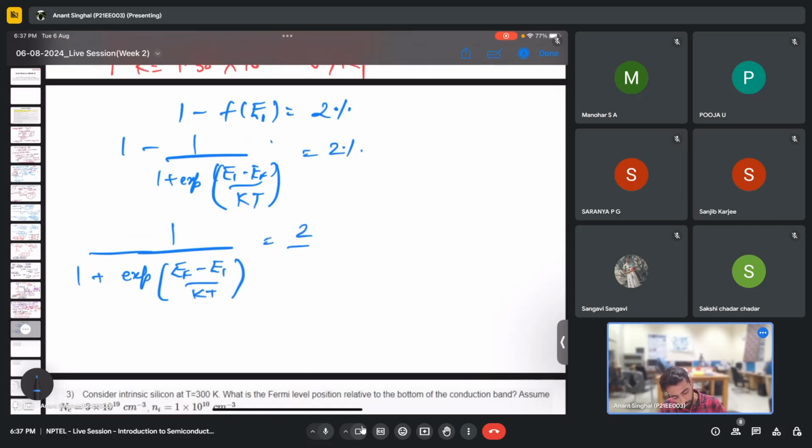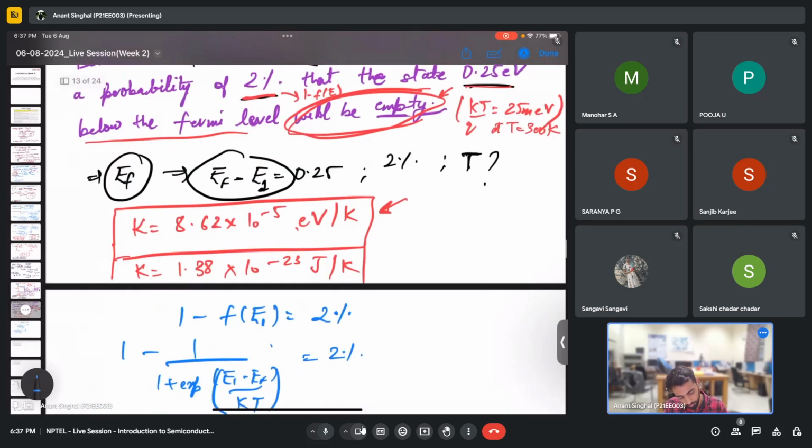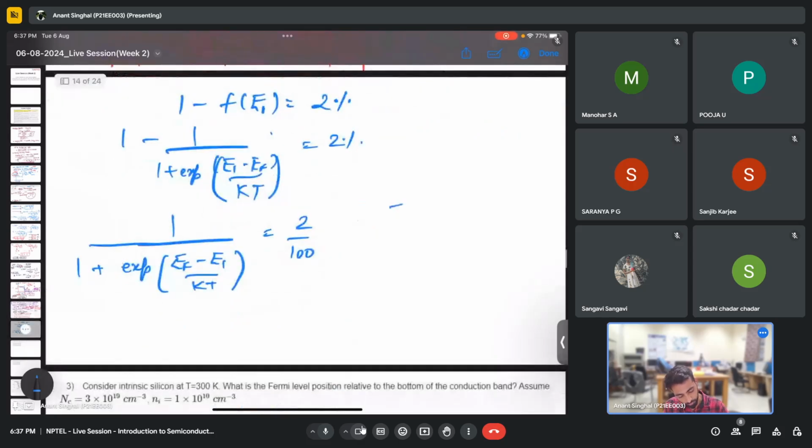That is given as 2%, that is 2 by 100. Now the question says that I already have my EF minus E1 as 0.25, and that is in electron volts.